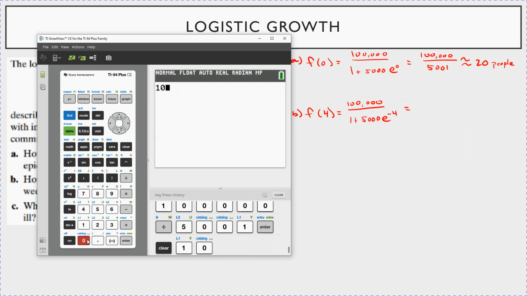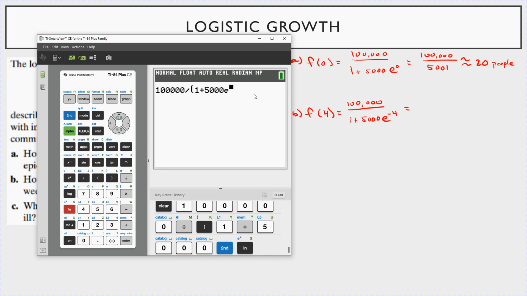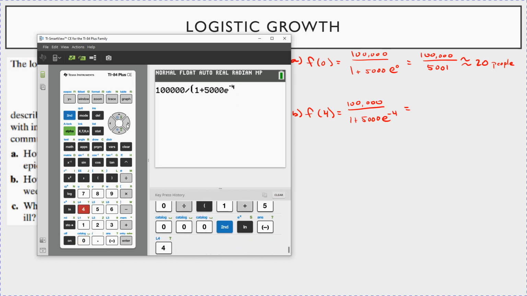You're going to take 100,000 and divide it by, in parentheses, 1 plus 5,000 times e to the negative 4. And by the end of the 4th week, it's roughly 1,080 people. I'm going to round this down.